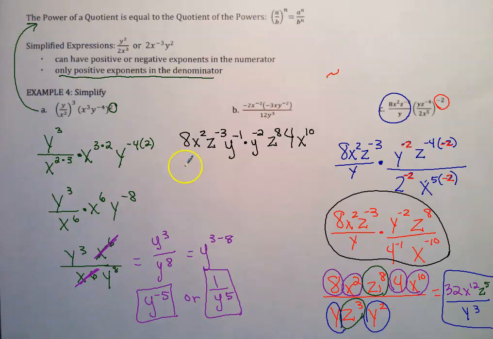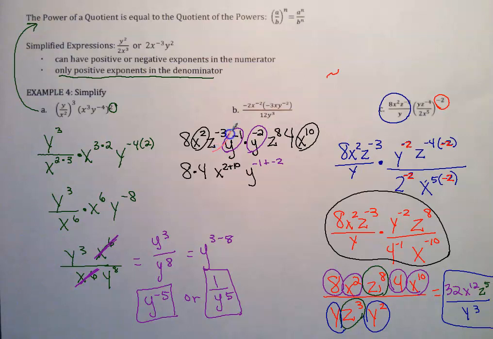And then from there, you could say, all right, this is 8 times 4. And then we have x squared plus 10. And then I jump to y: we have to the negative 1 plus the negative 2 power.